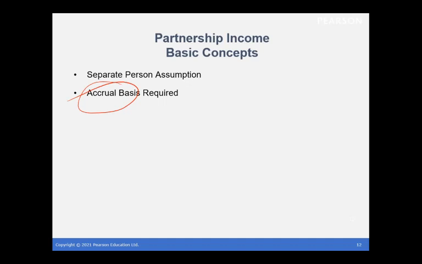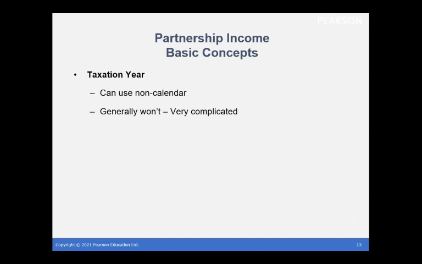The partnership can hold a bank account, owe a debt, all that kind of stuff. For taxation year, you can have non-calendar partnerships. Generally speaking, though, partnerships are usually December year ends. It just gets a little bit more complicated otherwise. But it is possible for it to be a non-calendar.